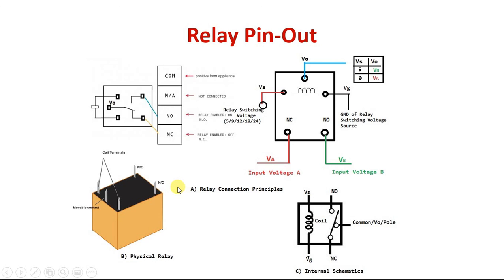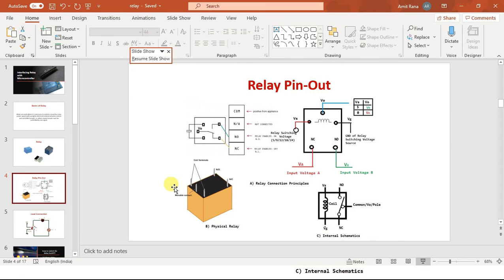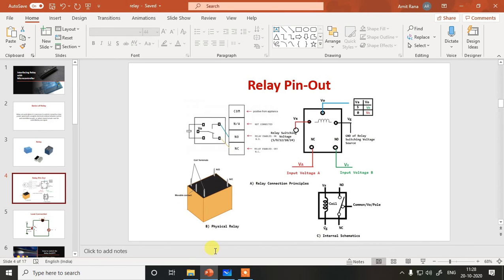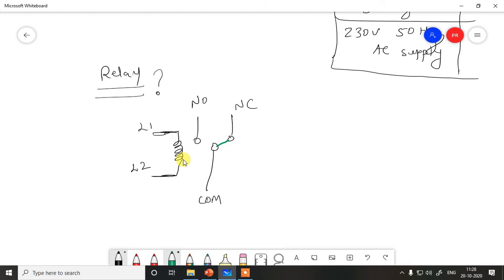Now what happens is, if using an external signal or external voltage, you give supply to the L1 and L2, for example, let's say plus 12 volt and ground, because it is an electromagnetic coil, it gets magnetized.